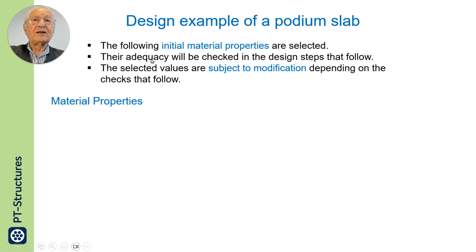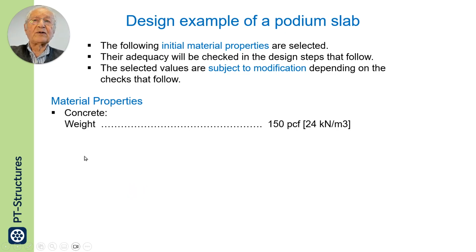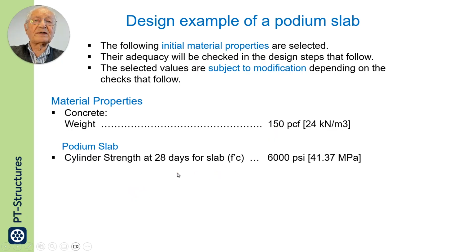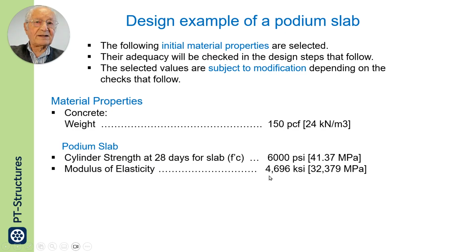Now the following initial dimensions are selected. Here below I have the summary of the selection. For concrete, its weight. For the podium slab, the strength, modulus of elasticity, creep coefficient.